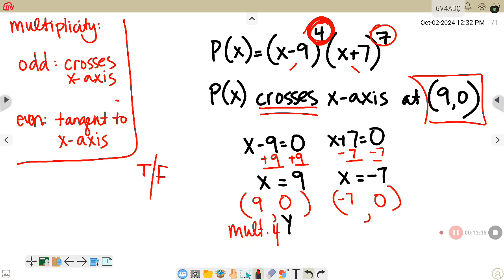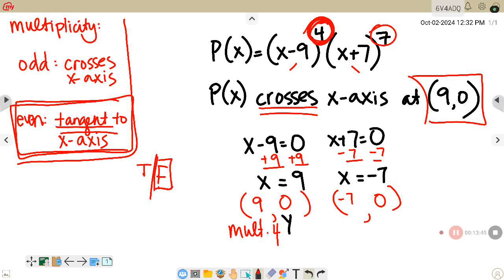What does even tell you about your x-intercept? That it's tangent. So this would be false because it doesn't cross the x-axis at 9, 0. It's tangent to the x-axis at 9, 0.